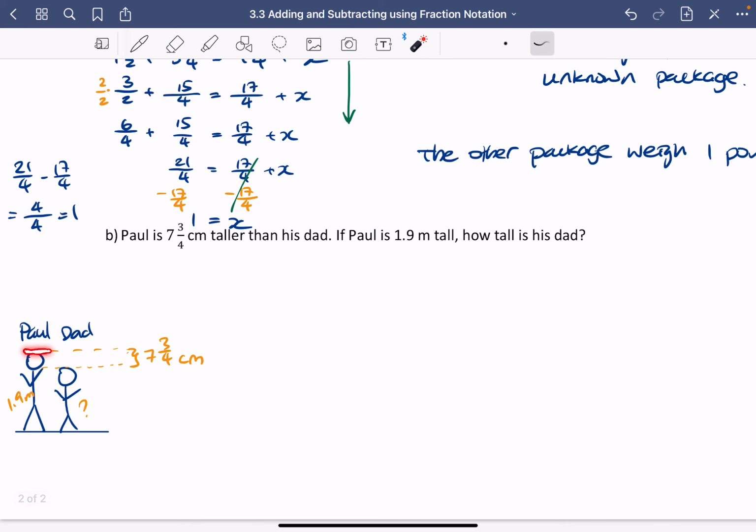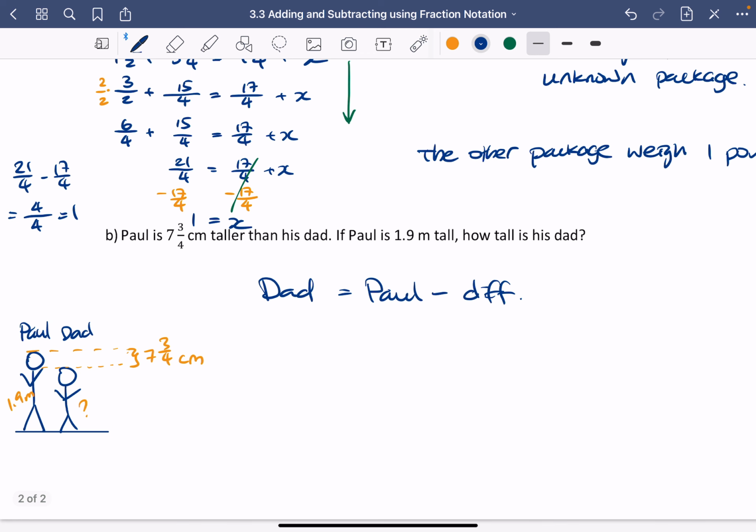Paul is that tall, and he and his dad have a difference of 7 3/4. So if I just use Paul's height minus the distance between the two, I'll get his dad's height, right? I know his dad's height is equal to Paul's height minus the difference.